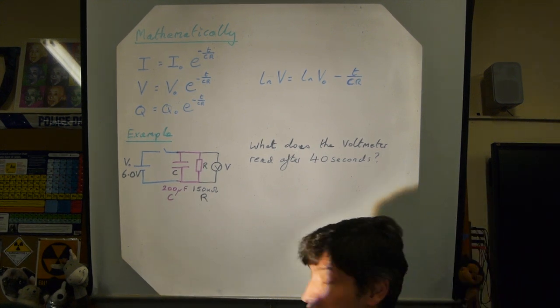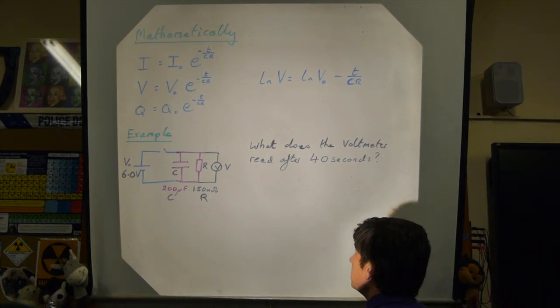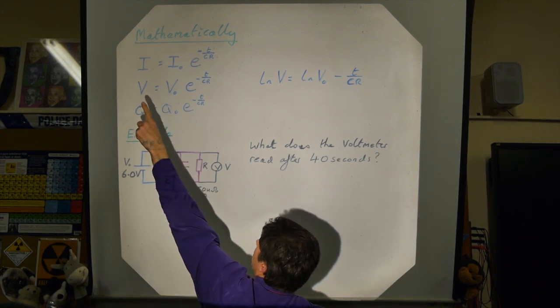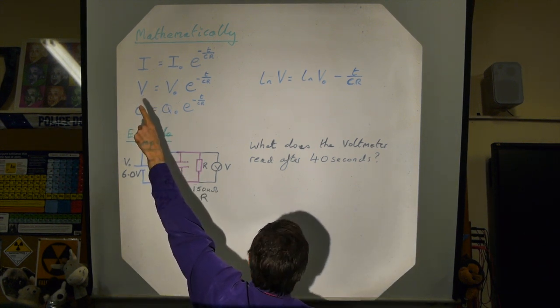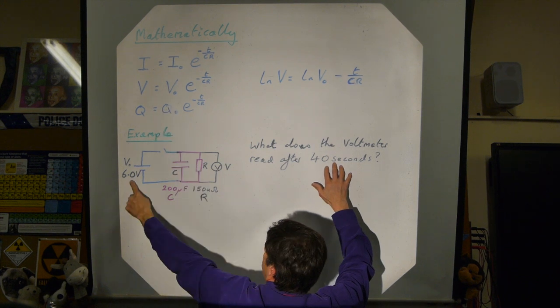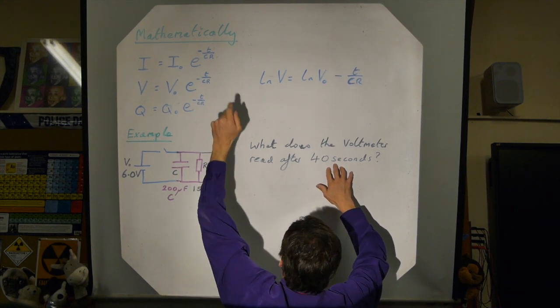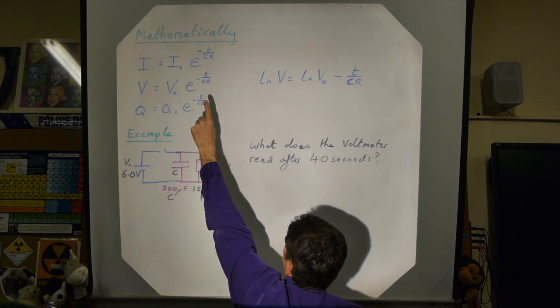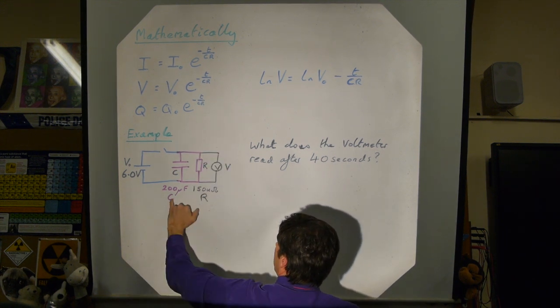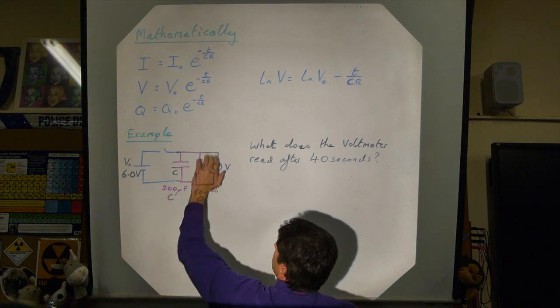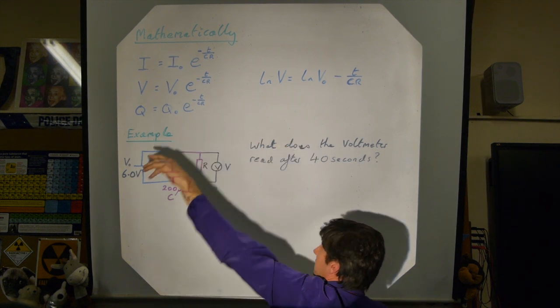Okay, so we need an equation to solve this. We're going to use the voltage equation. What's the voltage after 40 seconds? We've got V0, we know e, we know t is 40 seconds, and we know the value of C, and we know the value of R. So we work out the right-hand side of the equation.